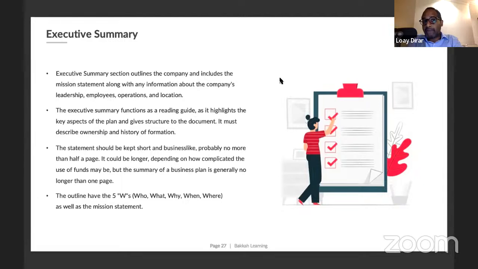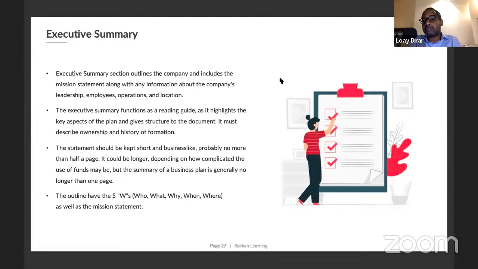This is why I think one of the highly important components of a business plan is a well-written, articulated executive summary that will help to attract the right candidates.